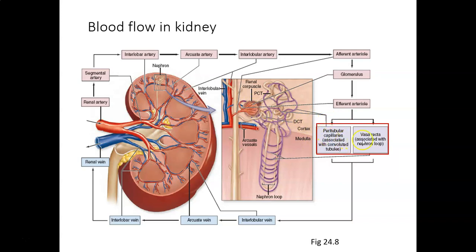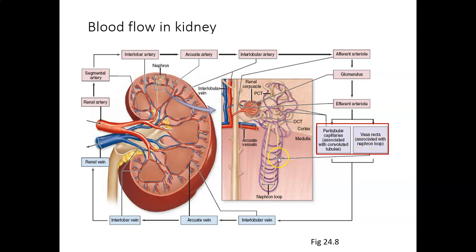So those are the traditional capillary beds. They're purple in color. They're going to provide oxygen to the surrounding tissues. One set of them is associated with the tubules. They're called peritubular capillaries, right? And the other set is associated with the nephron loop.